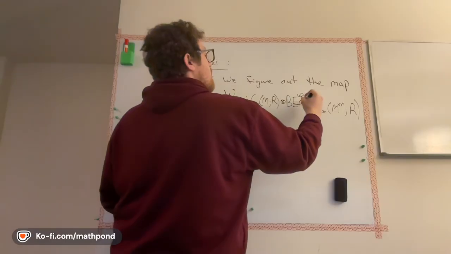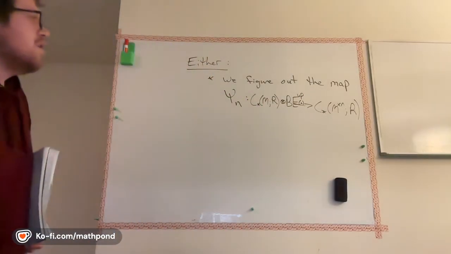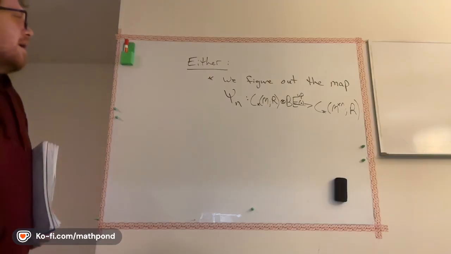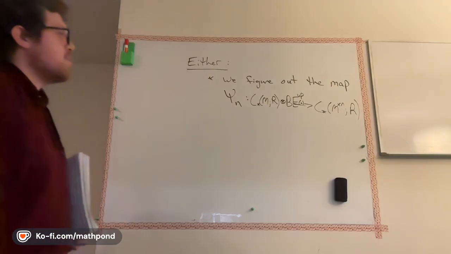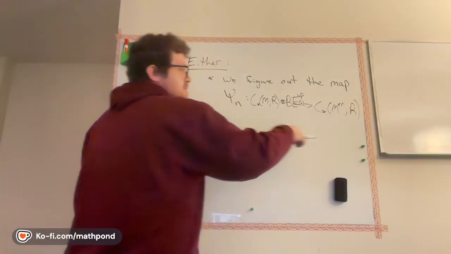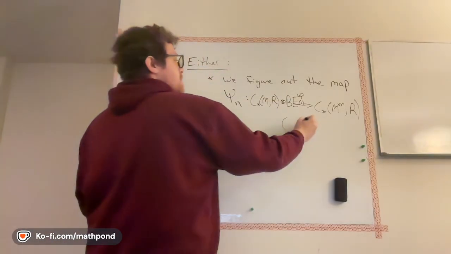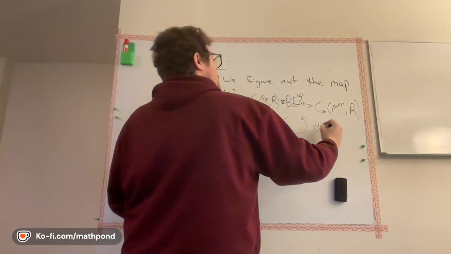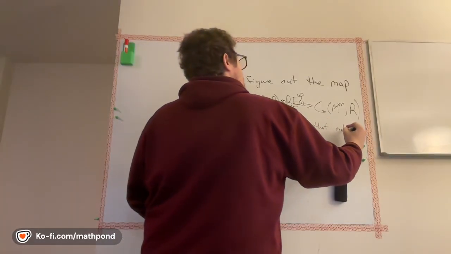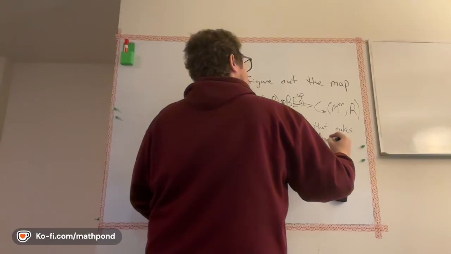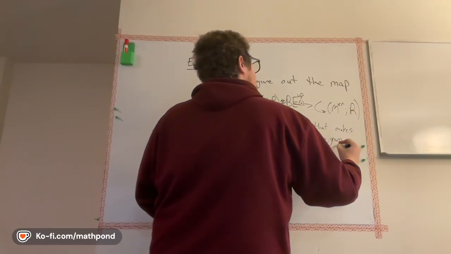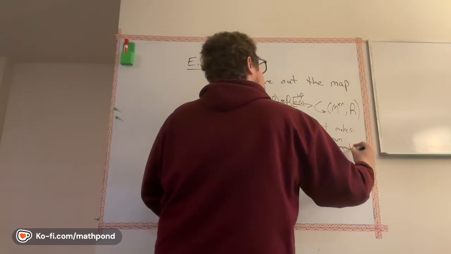I'll just write N. So either we figure out what this map should be that makes the diagram commute exactly.